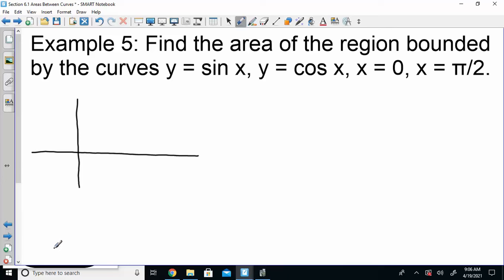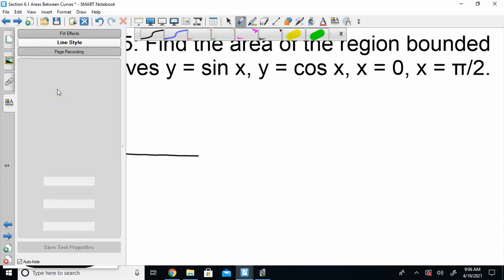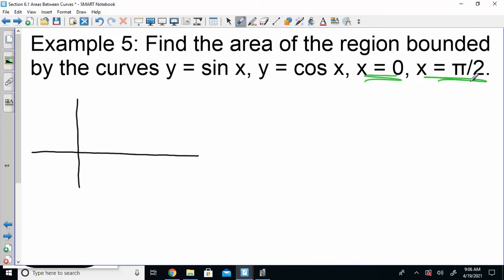Do we know the starting and stopping points here? If I give you that x equals a number, those are just vertical lines. So x equals 0 is just here. X equals pi over 2 is here. So really those should be our starting and our stopping points. So I really only have to figure out what the graph looks like between those.